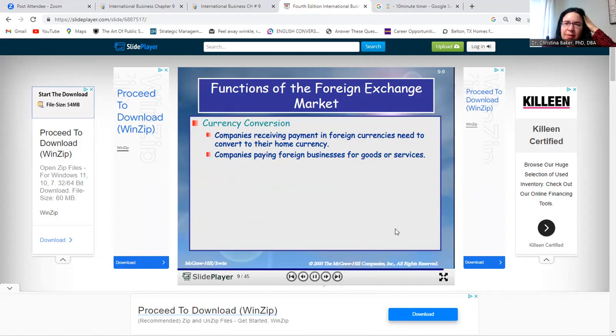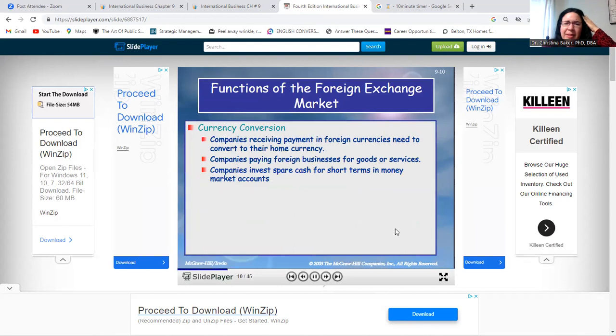Companies paying for foreign goods and services need foreign currency. Companies invest spare cash for the short term in money market accounts. And then there is currency speculation, taking advantage of exchange rate differences.